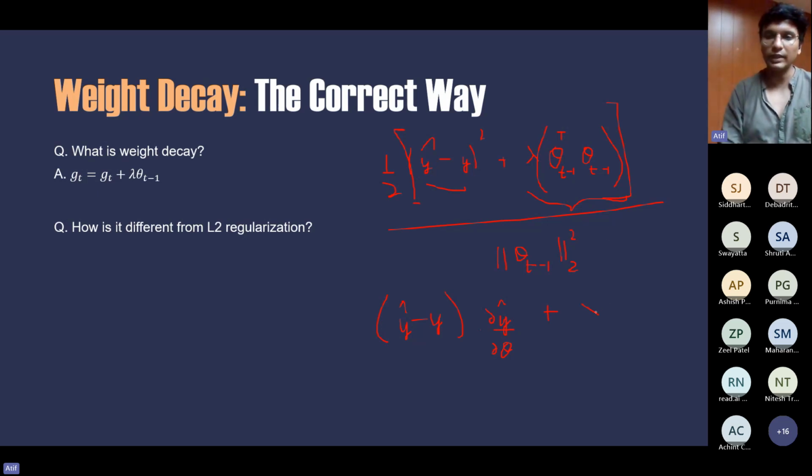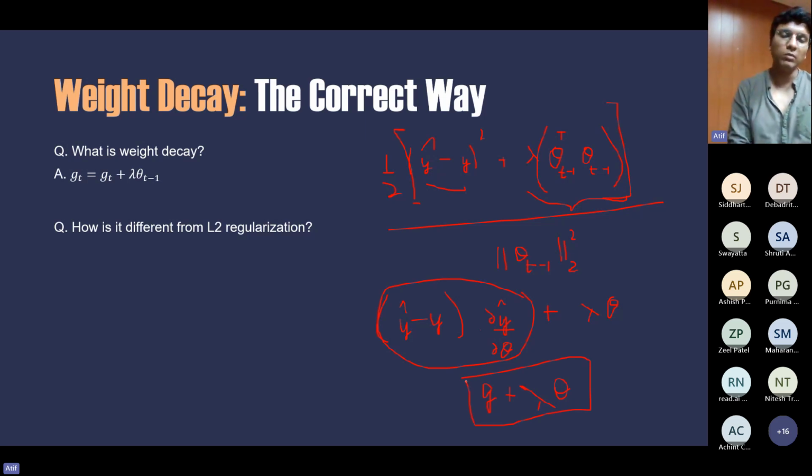What you get is basically lambda theta. So you can see if I treat this as the gradient, right, g, and then I have plus lambda theta. So you can clearly see my gradient, if I perform L2 regularization, is exactly the same as if I would perform weight decay.